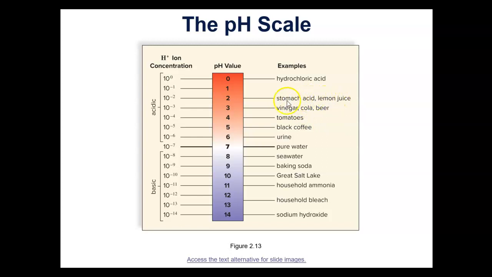Stomach acid and lemon juice are pH of 2, so they're pretty acidic. And then hydrochloric acid, which is technically the acid found in our stomach, but it's not in such a strong concentration. So hydrochloric acid is very strong. Of course, it has a pH of 0, so it's going to be a very, very strong acid.